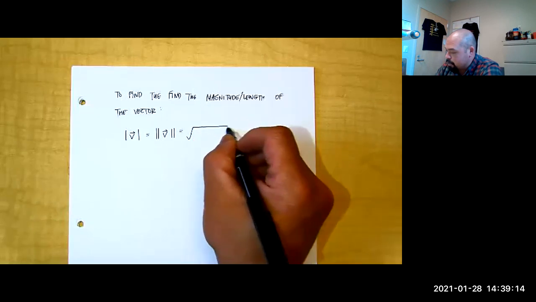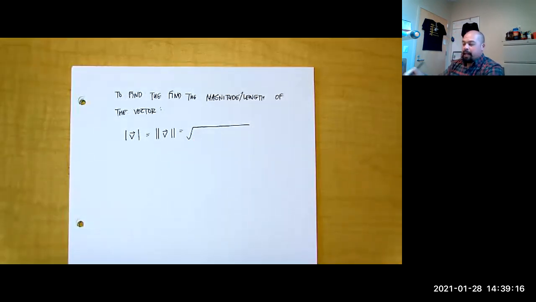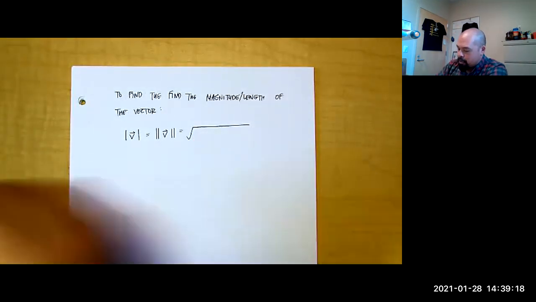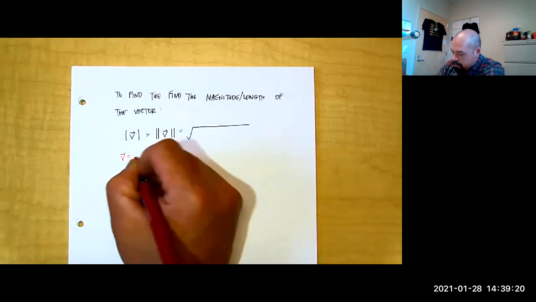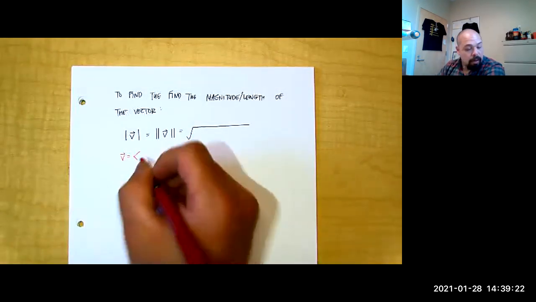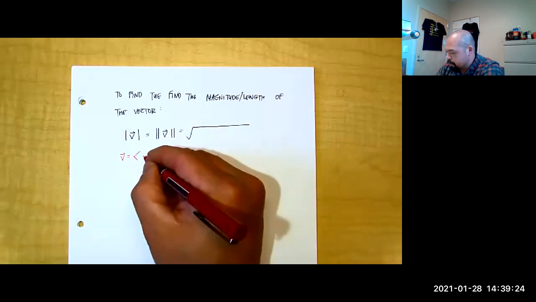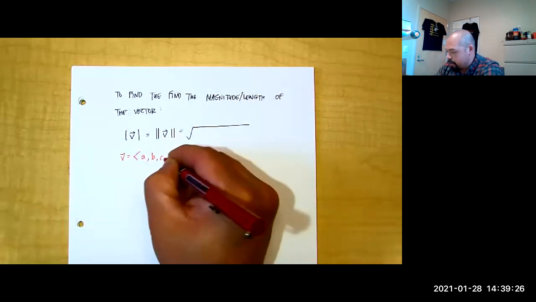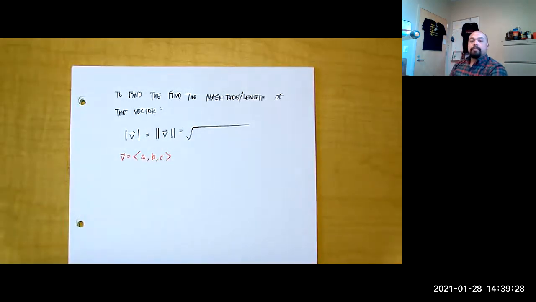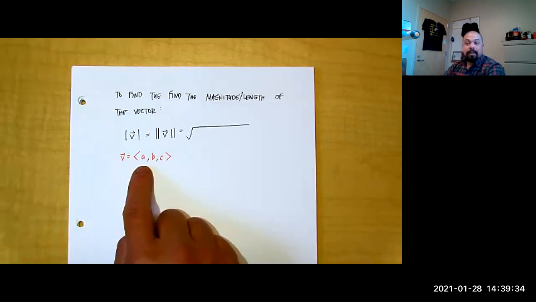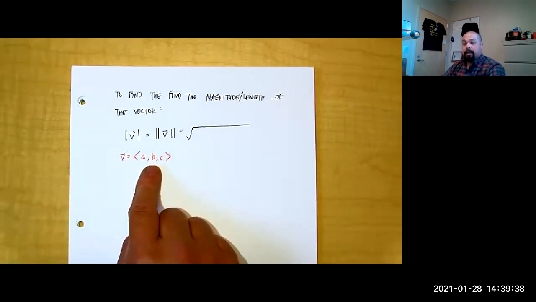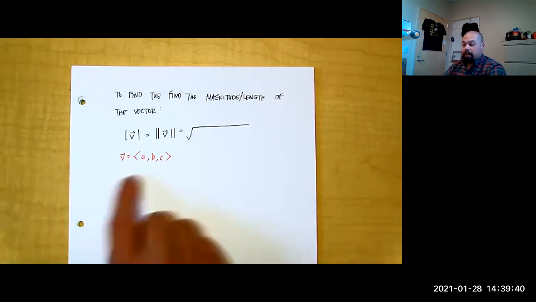Either way, to find the magnitude of that vector is just finding the difference, the distance, the length of those. And if we had our vector v, let me sneak down here, as these coordinates, and we can do A, B, and C. These were those differences between the terminal point and initial point. So those are those differences.